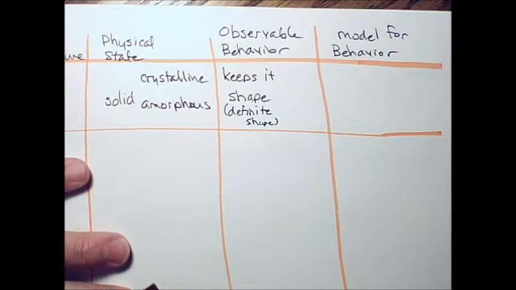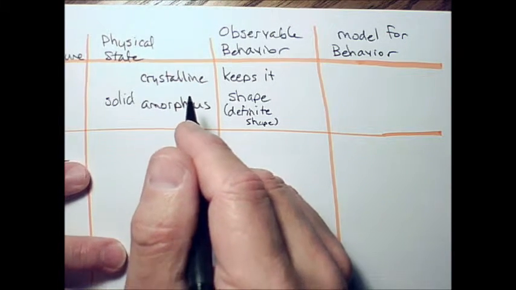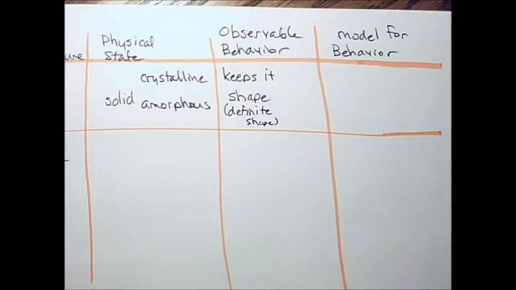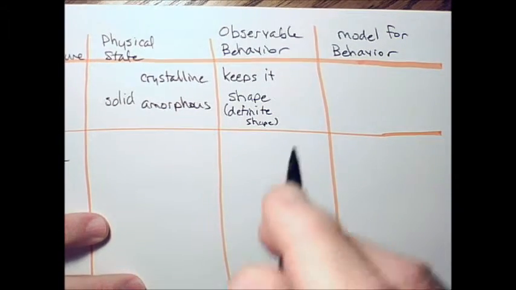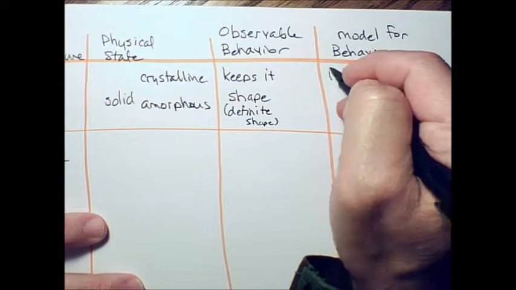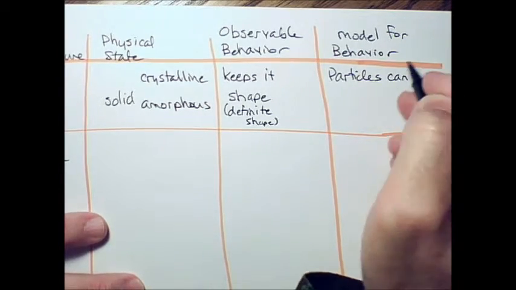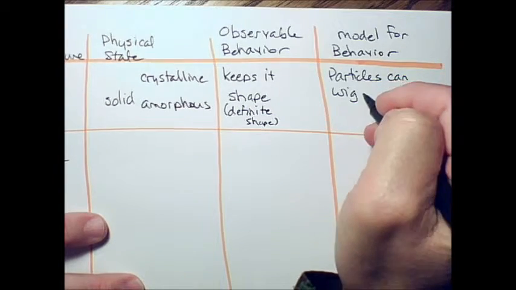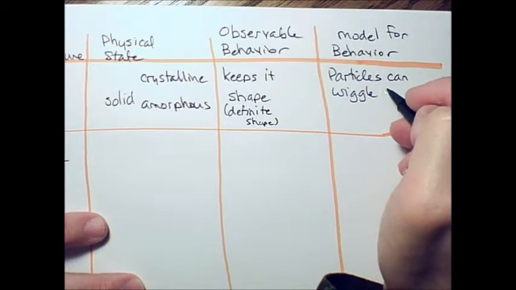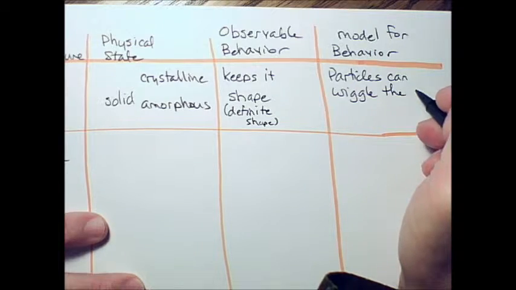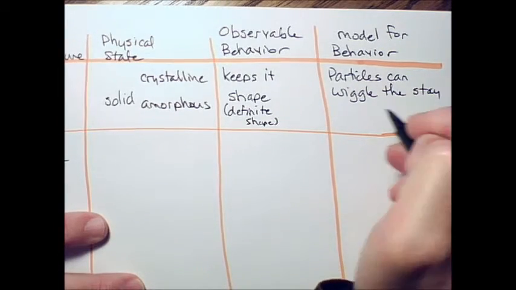They're vibrating, twisting and turning, but they have to stay side to side, front and back, in place. So while the particles can twist or wiggle, they stay in place.